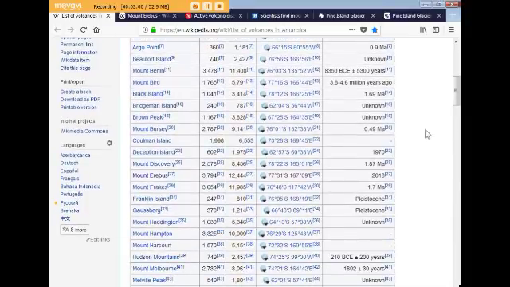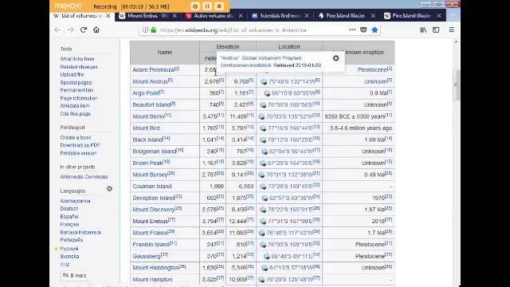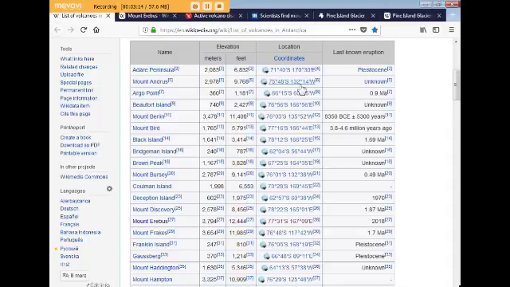And so here's a whole list. Here's the name, here's their elevation in meters and feet, here's their coordinates, and this goes right over to, you can get more detailed information when you click on the coordinates.